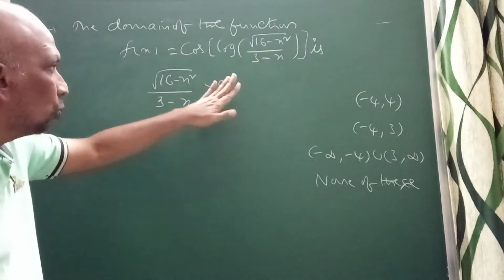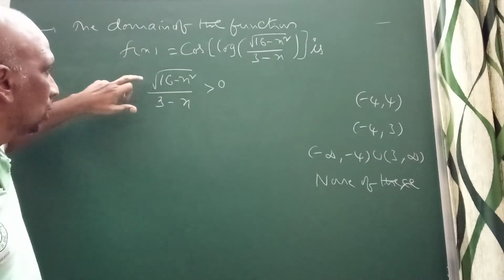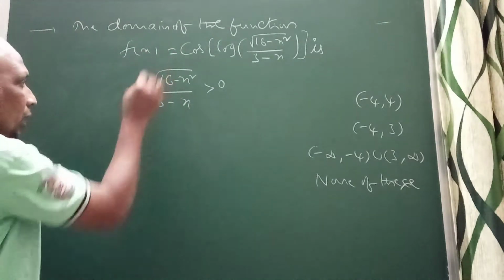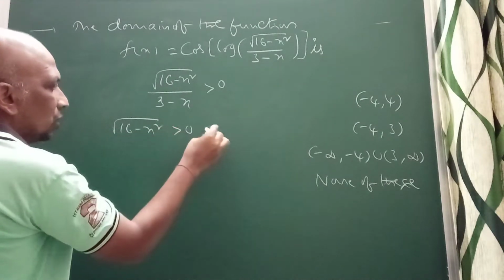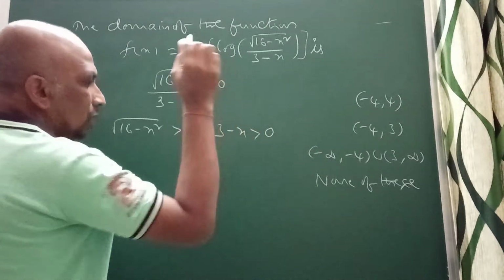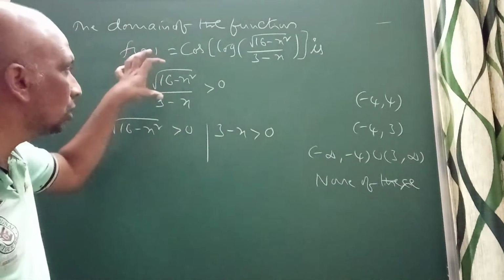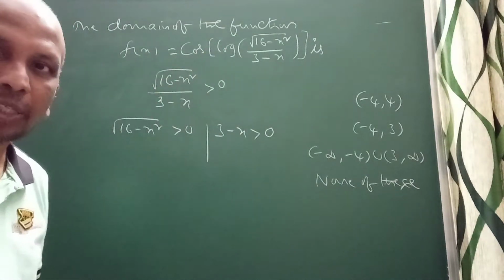Positive means this should be positive and this should be positive, right? It can never be negative because it is a positive square root. So from this I can conclude root of 16 minus x square should be greater than 0. I can also write 3 minus x should be greater than 0, right? Then only this fraction, this rational function, will be greater than 0.